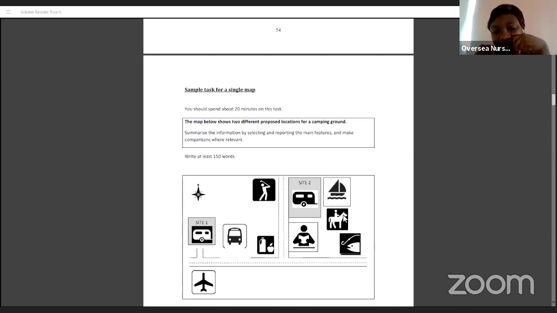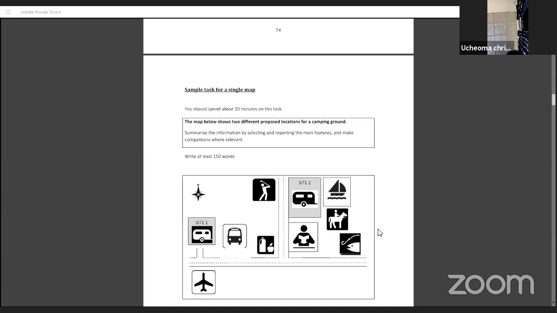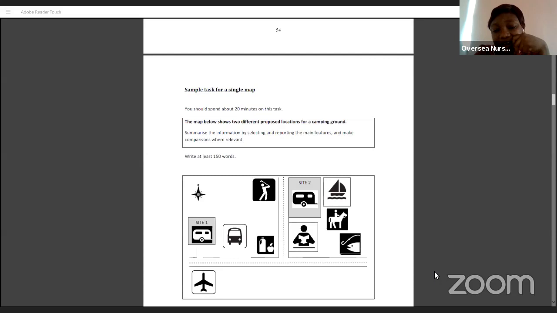So I can say that overall, site 1 is closer to transportation amenities, while site 2 is closer to recreational activities. That's another overall. And you are correct for both of them.